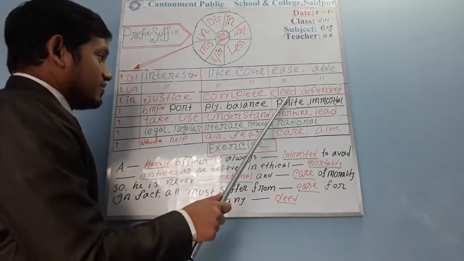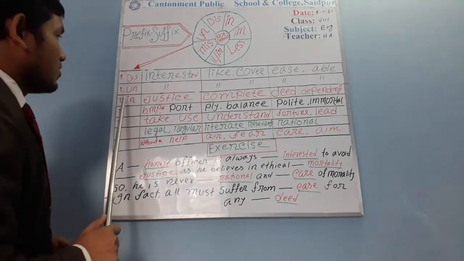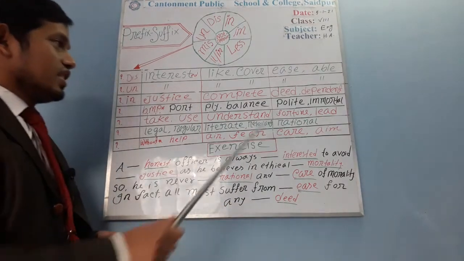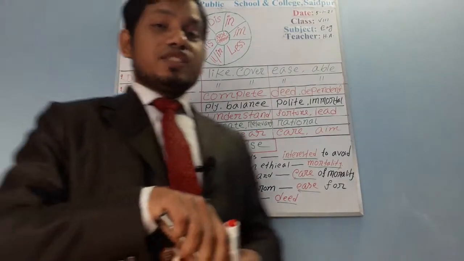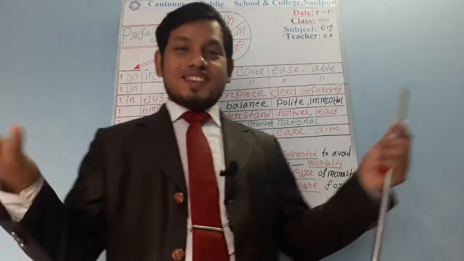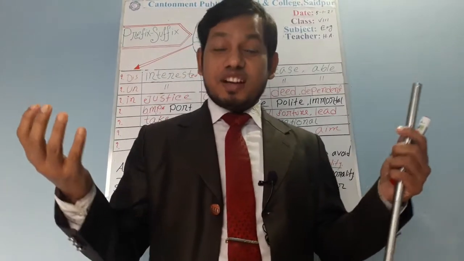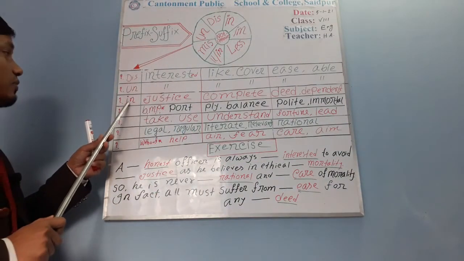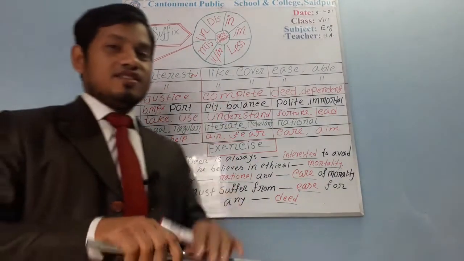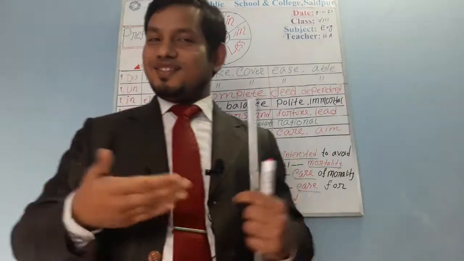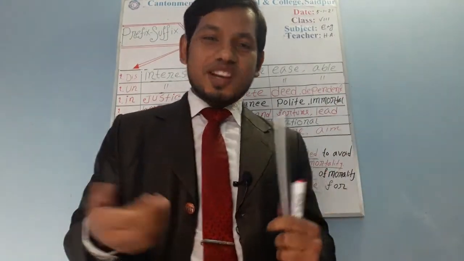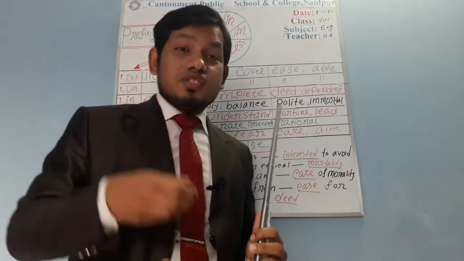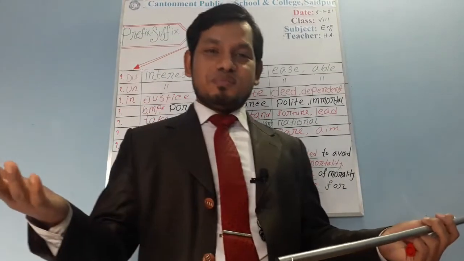Here, misdeed. What is it, learners? Oh, sorry, here indeed. Indeed, did you know? Actually, deed means work, any tasks, any activities. But when you use the prefix in, indeed, the part of speech is changed. Deed means work, but indeed is an adverb.